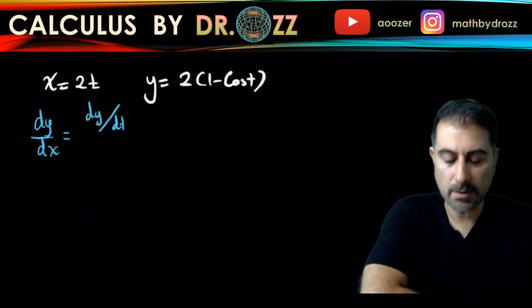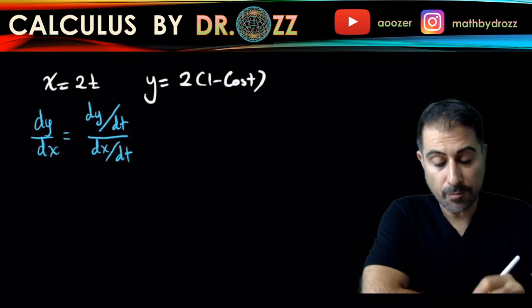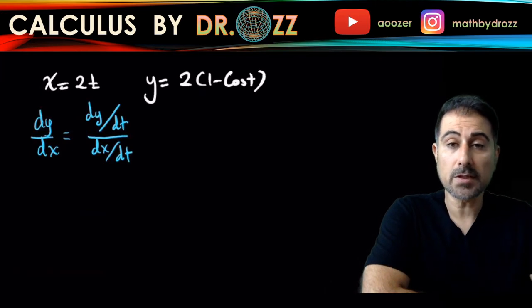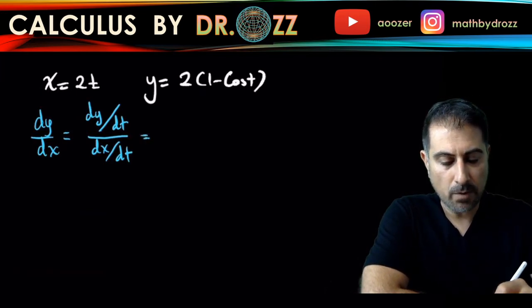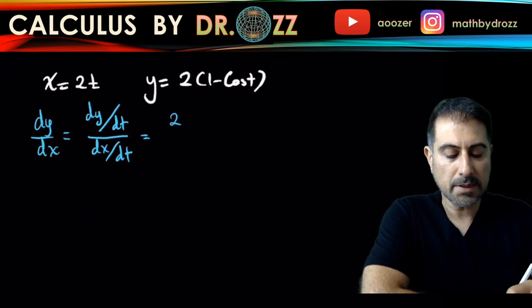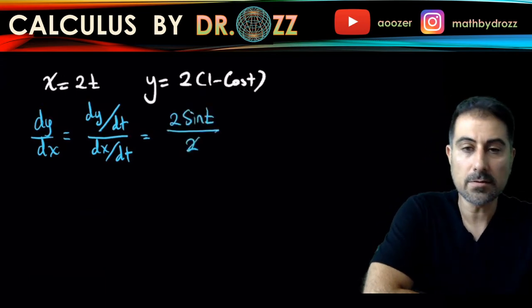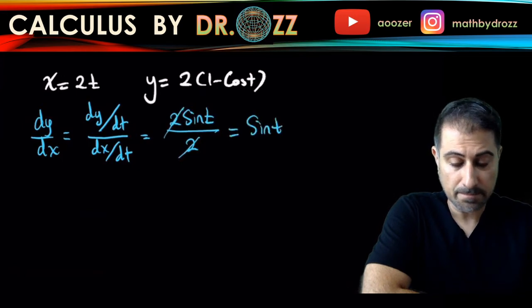This was the trick we used earlier, dividing top and bottom of dy over dx by dt, so that we can take the individual derivatives of y and x. Since y is 2 minus 2 cosine t, dy over dt is 2 sine t, divided by 2. The 2's cancel, and we get just sine t for dy over dx.